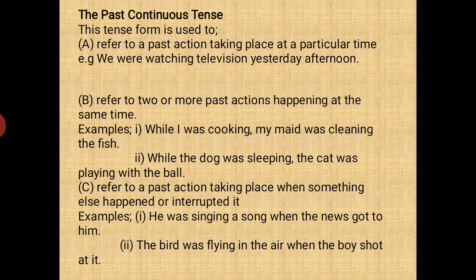Three, it refers to a past action taking place when something else happened or interrupted it. For example, he was singing a song when the news got to him. The bird was flying in the air when the boy shot at it.